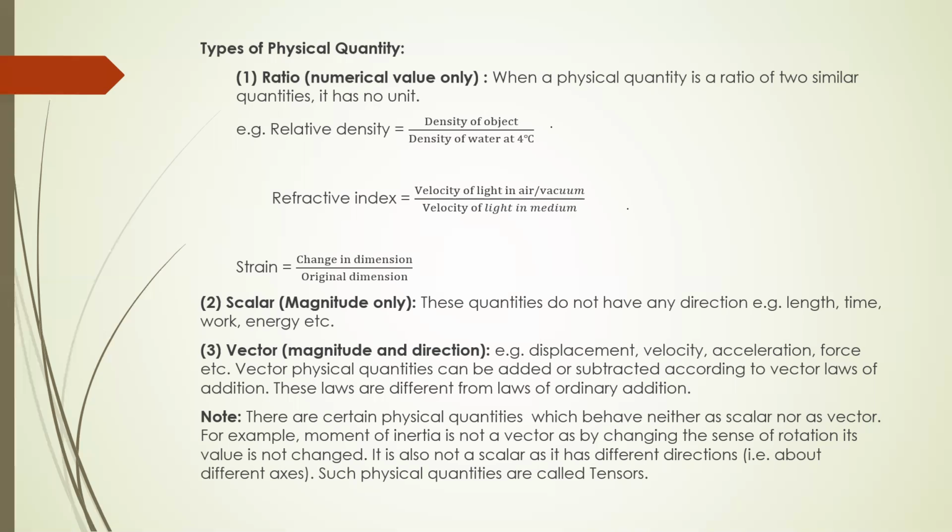You don't specify in which direction you are measuring. If you specify the direction, then it becomes a vector quantity. So the quantities which have only magnitude are called scalar quantities. The quantities which have both magnitude and direction are called vector quantities. Is it clear? Okay.